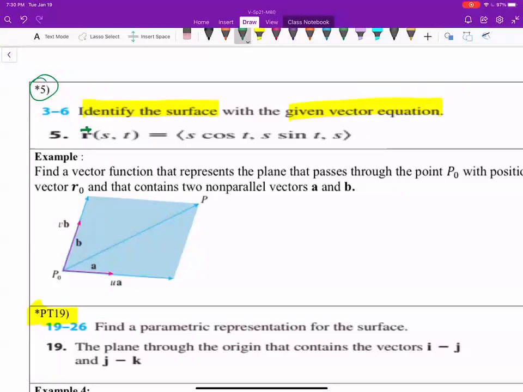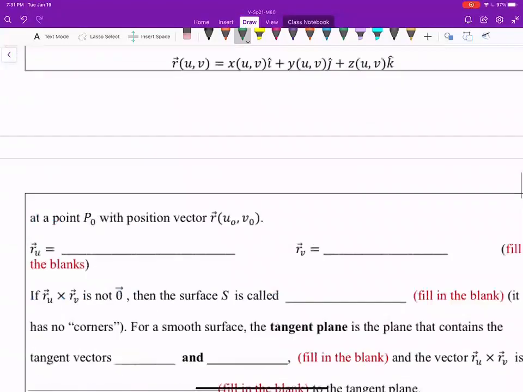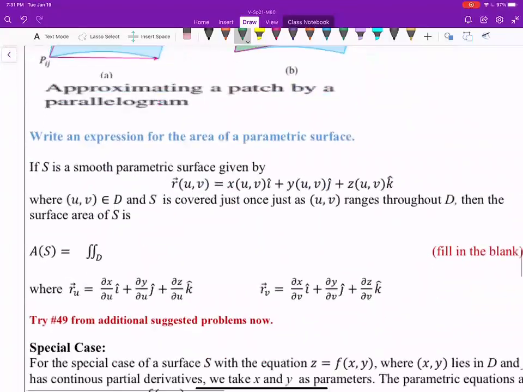It is a vector given in terms of two parameters, so it represents a surface with the parameters s and t. We are going to identify, is it any familiar surface that we have done earlier? Like, is it a plane, sphere, or any quadric surface, cylinder or cone or anything like that? So that's what we are going to try here in this problem.